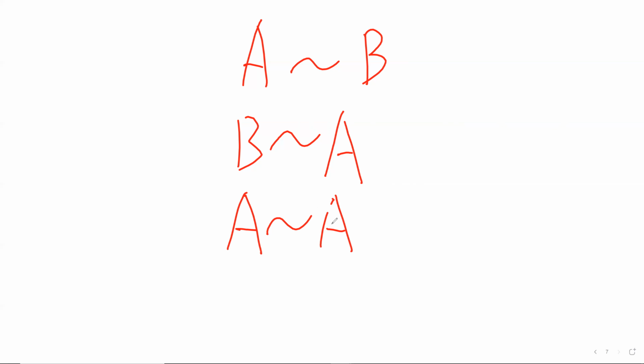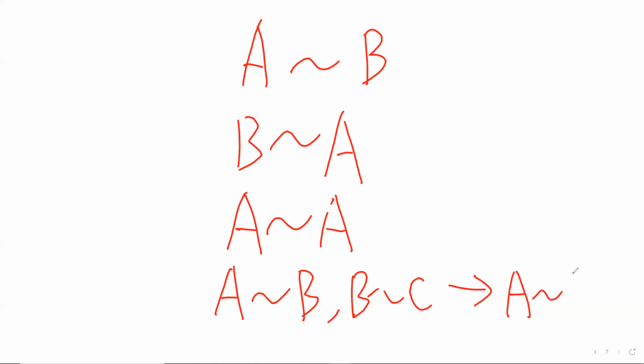So equivalence has a reflexive property, a symmetric property, and transitivity. That means if A is equivalent to B and B is equivalent to C, then A is equivalent to C as well. These three properties make an equivalence relation.